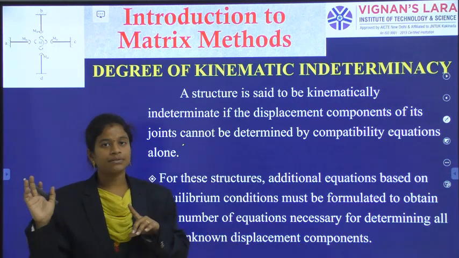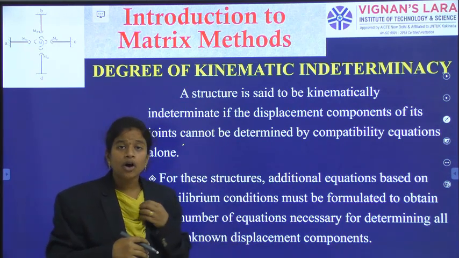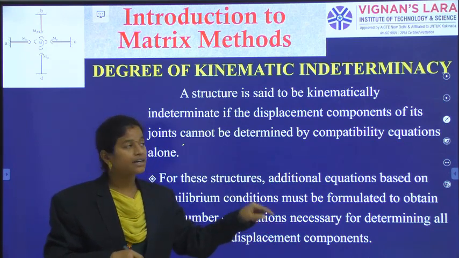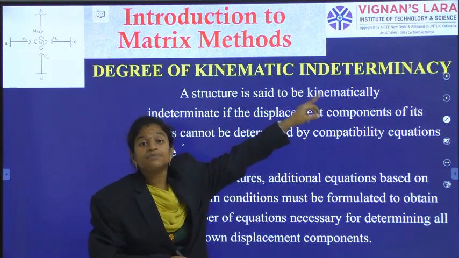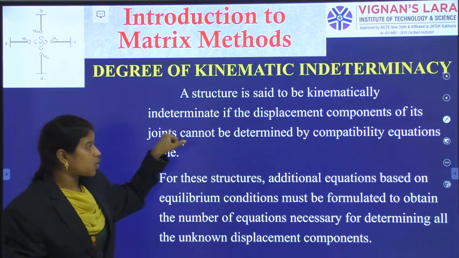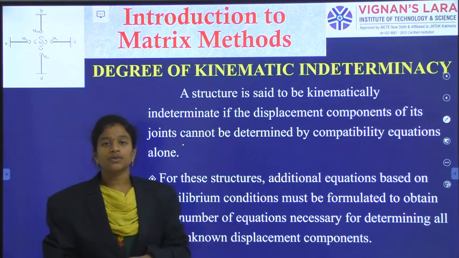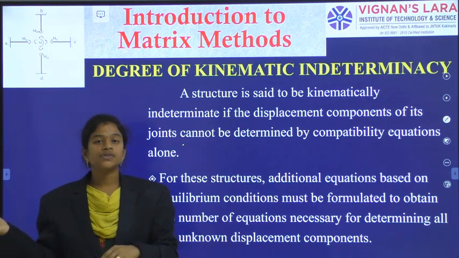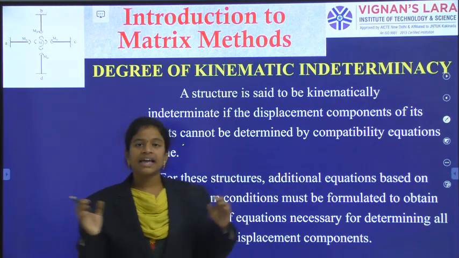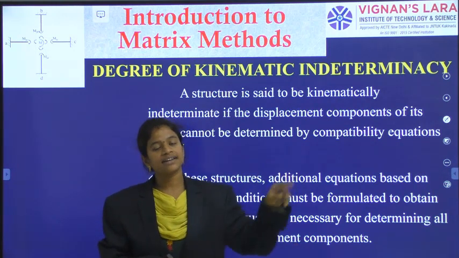That is statical indeterminacy. When a structure, I call it as kinematically indeterminate if the displacement components of its joints can't be determined by the compatibility equations alone. So, there I have used equilibrium equations and I can't calculate the support reactions, then it is statically indeterminate.